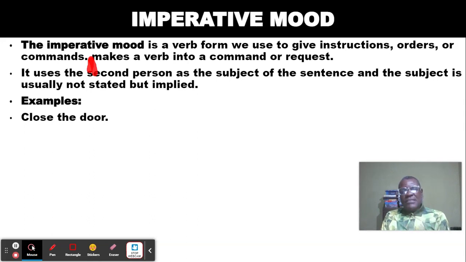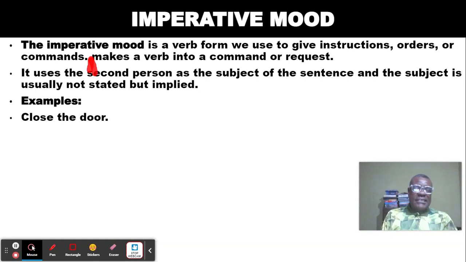In this case, the person you are talking to, the addressee, ordinarily you should address the person as you. Assuming you are telling someone close the door and the person doesn't even know you are talking to him or her, you can say, well, you are the one I'm talking to, you right there, close the door. So the subject is you, but it is always hidden. When you use the imperative mood, the subject is hidden.